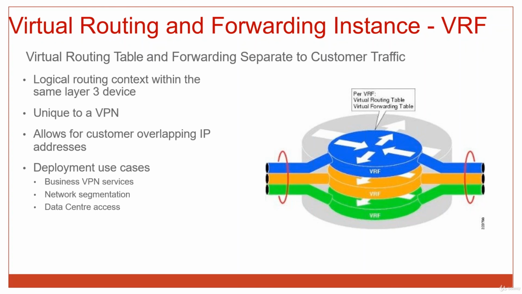So for example, you have one global routing table, and then you may have a routing table for segments, or you can think like for customer A you have one, customer B you have one, customer C you have one, like that. So it's like segmentation in routing. And what's the use case for that? So you may have business VPN services, network segmentation, data center access, etc.